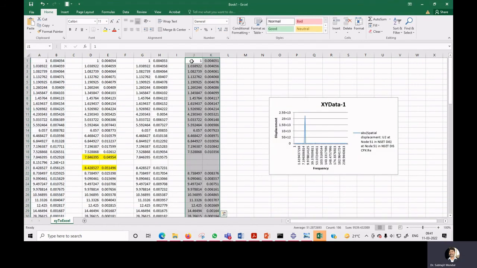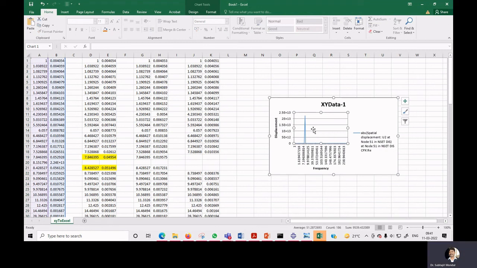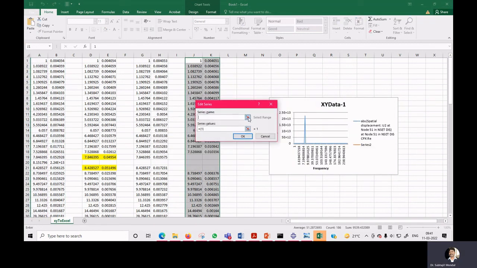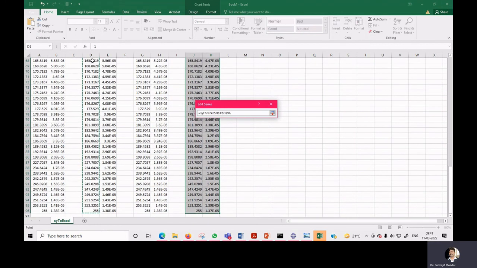Now we are going to plot the data. Here we are going to select the X and Y values only.